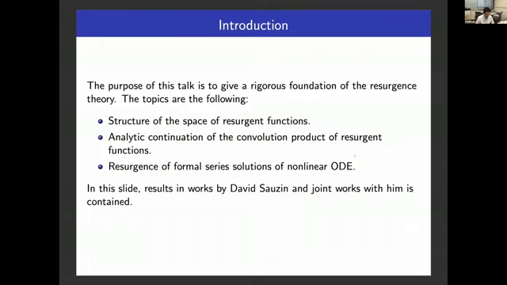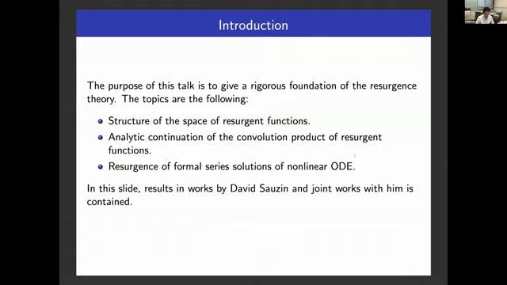Resurgent function is defined as I will explain. But for example, if we want to apply the theory to the resurgent analysis of nonlinear ODE, we have to show the resurgence of the formal series, or the resurgence of the solution.